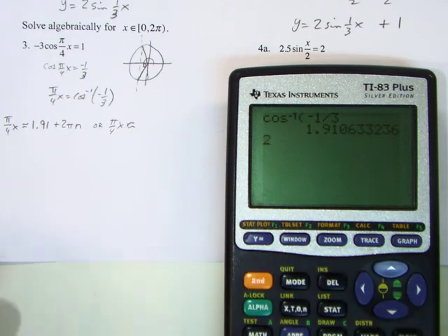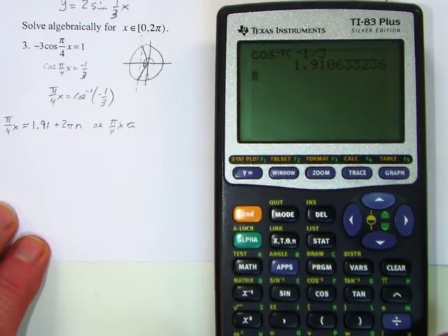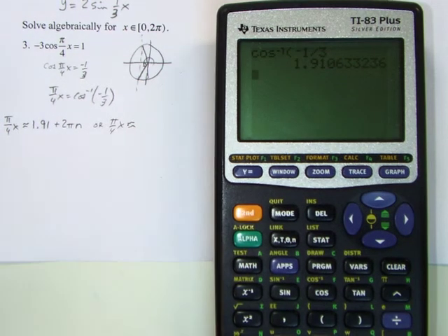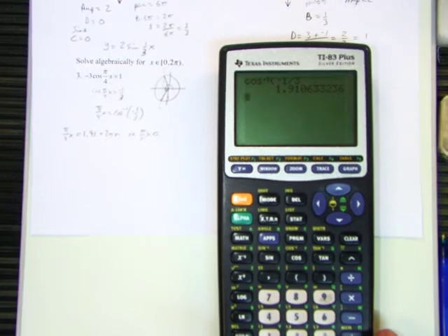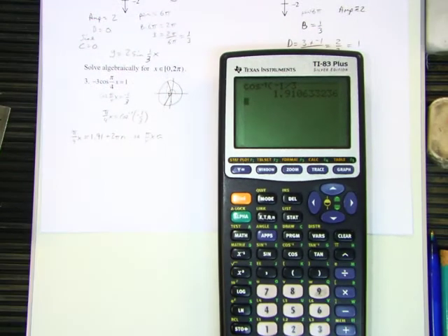Oh, but before I do this, I forgot, I need to show you this again. I've used the memory before. Below, right next to the 1 key, there's this button STO.